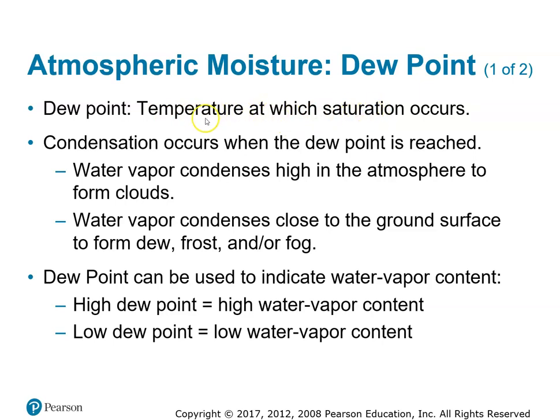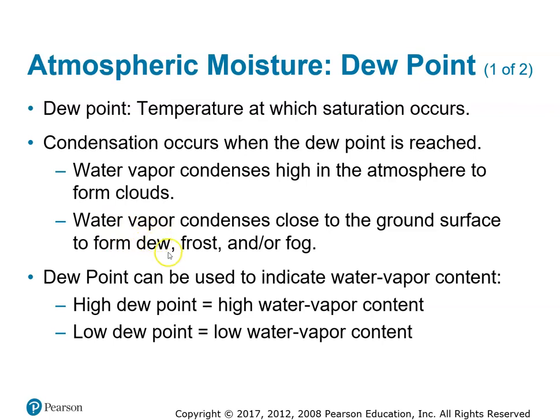And so during that time, you get condensation, right? So when condensation occurs, you've reached the dew point, and water vapor begins to condense. If it's high in the atmosphere, you have a cloud. If it's lower to the ground, you get fog, or that's actually what the early morning dew is.